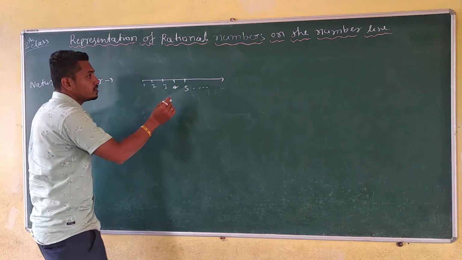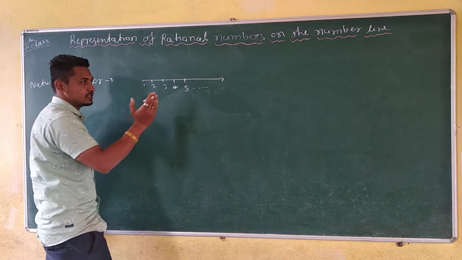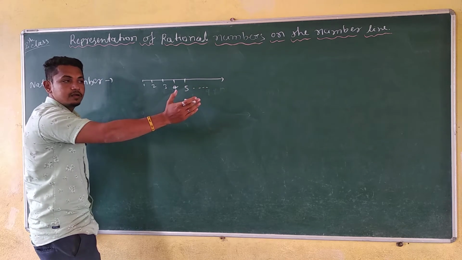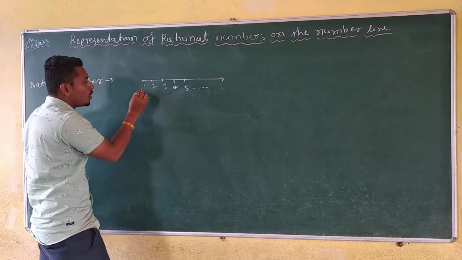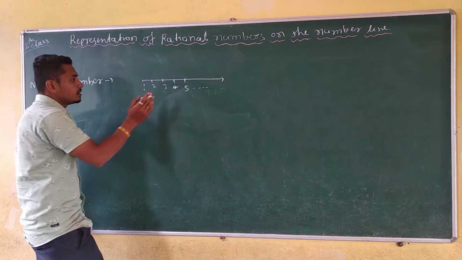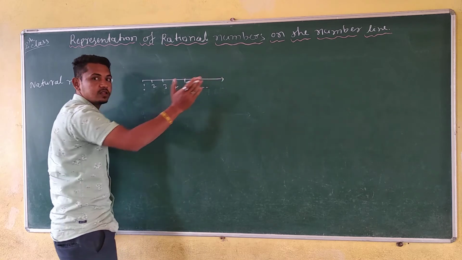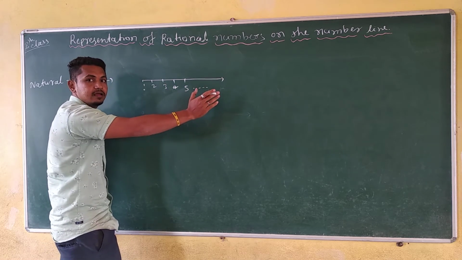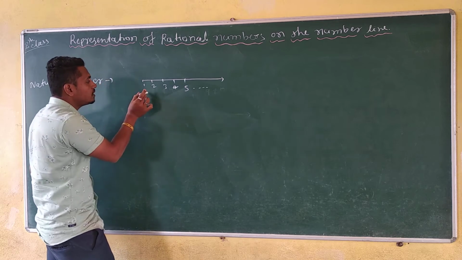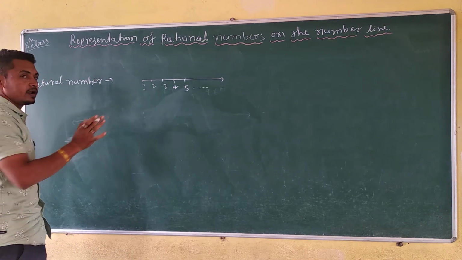This number line is extended on the right hand side of 1. The number line is extended on which side? Right hand side of number 1. This is called a number line.